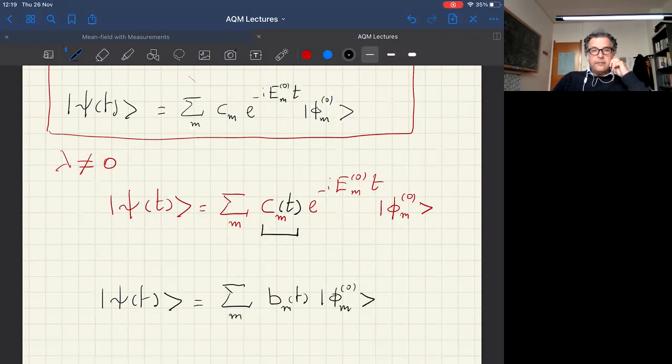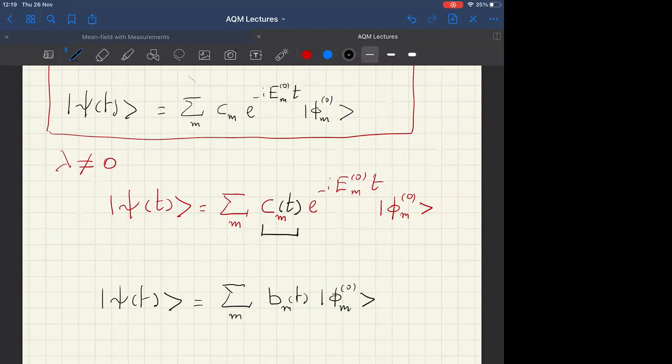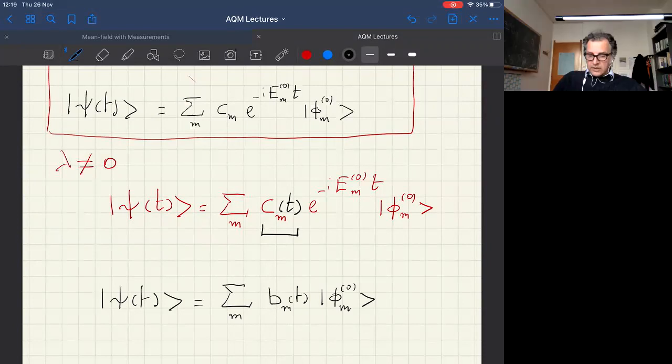Do you agree? Yes. So this is because I'm just taking a basis and saying the generic psi of t is given by some coefficients Bm of t that I have to determine. We don't know these coefficients, but I can always write it like this.